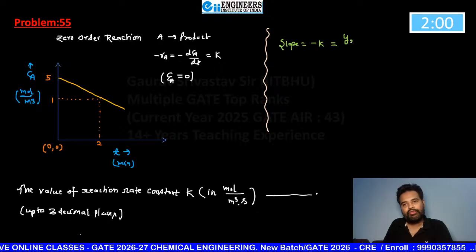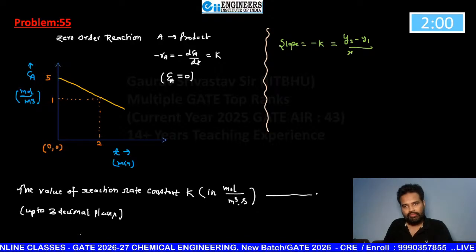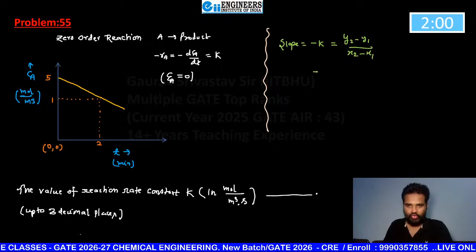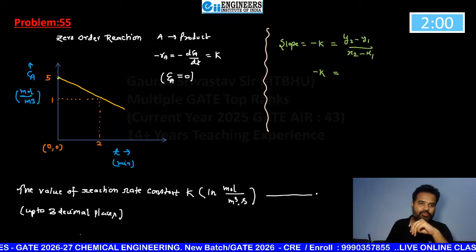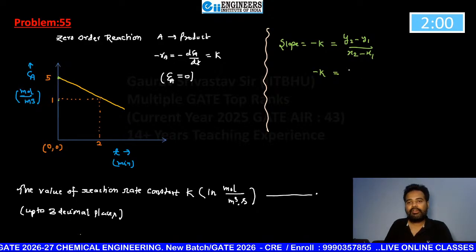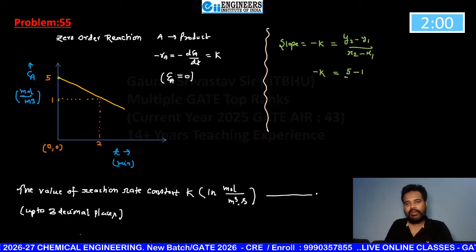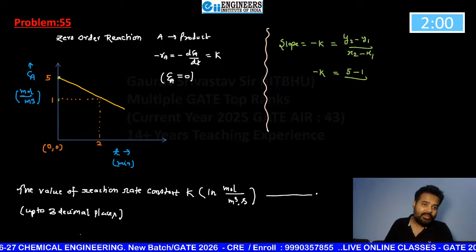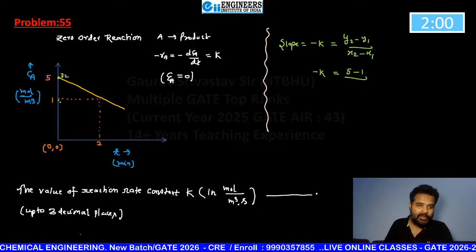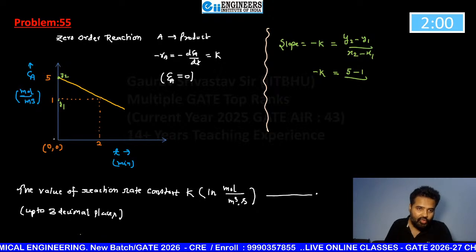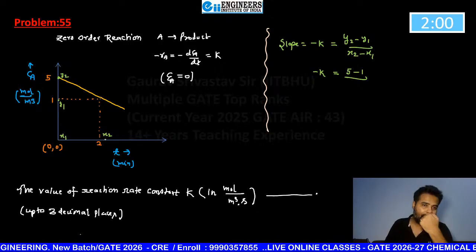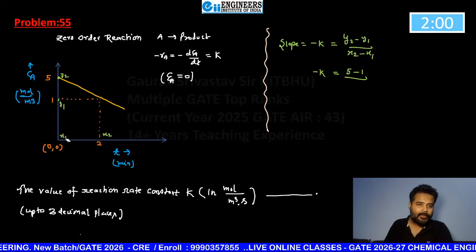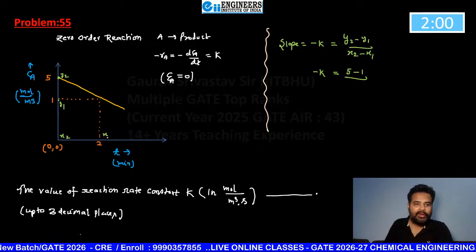It is y2 minus y1 upon x2 minus x1. So minus k can be written as, what is y2? Suppose I'm choosing these 2 points. So y2 is 5 minus 1 upon, and now if you assume this as y2 and this as y1, then corresponding to y2 this is your x2 and this is your x1.